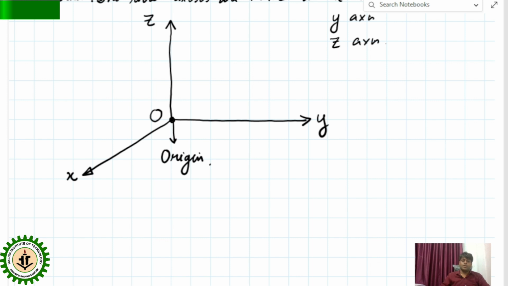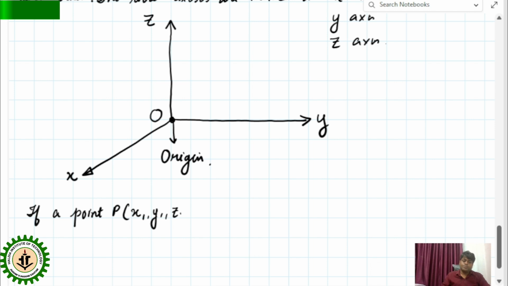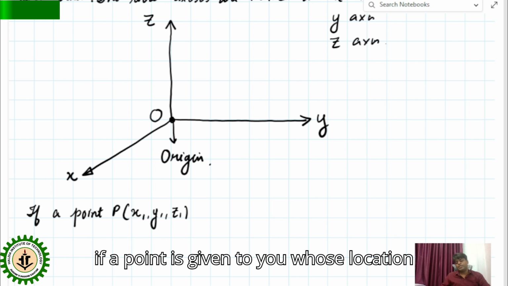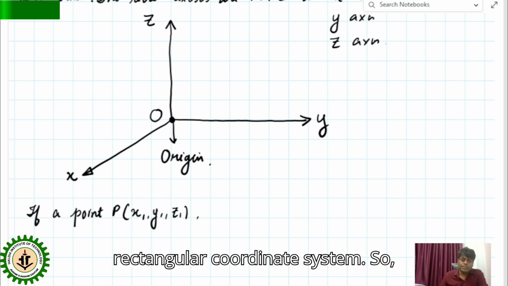Okay. So if a point P, whose location is x1, y1, z1, is given to you, then we can easily find its location in the rectangular coordinate system.